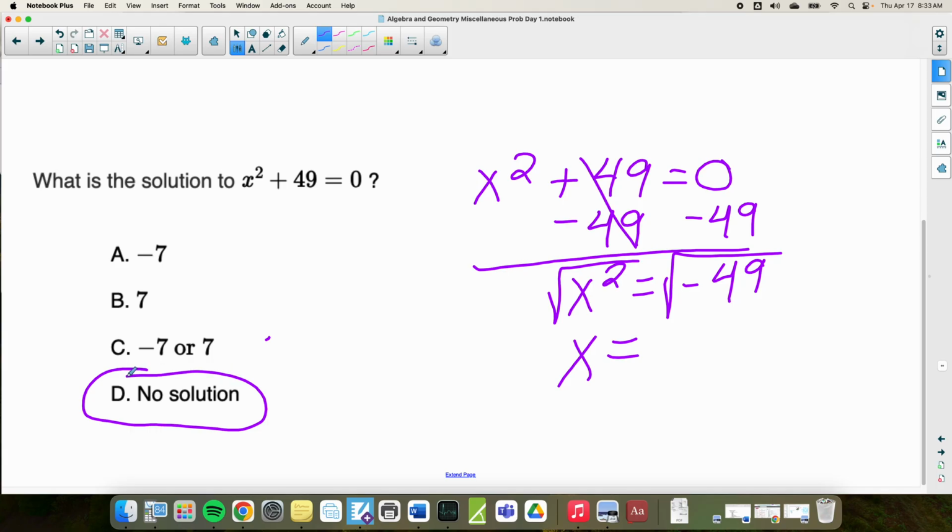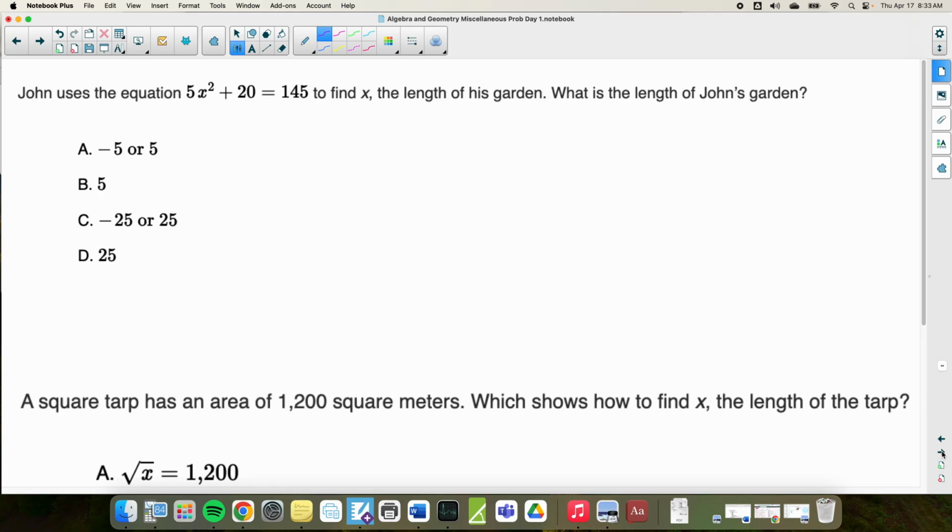Okay? So if you ever go to take a square root of a negative, it's going to be no solution. Okay, now we have one more like this. So we have 5x squared plus 20 equals 145.